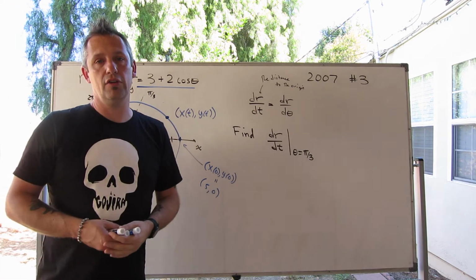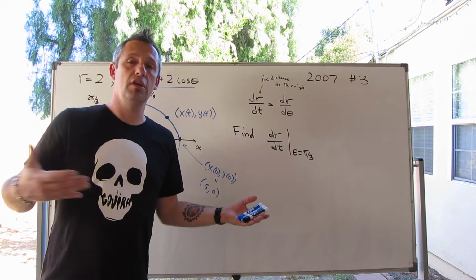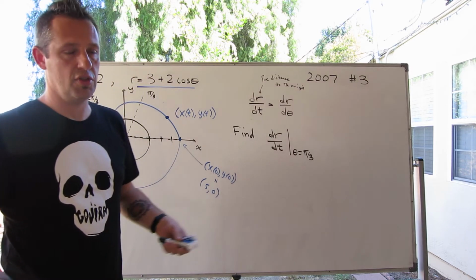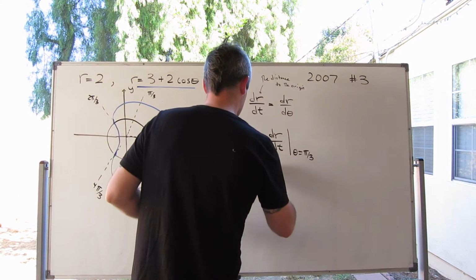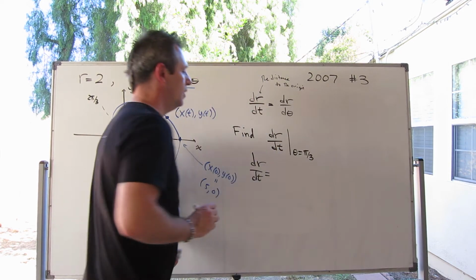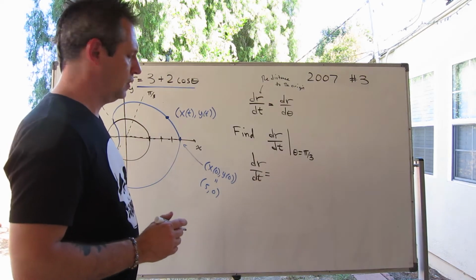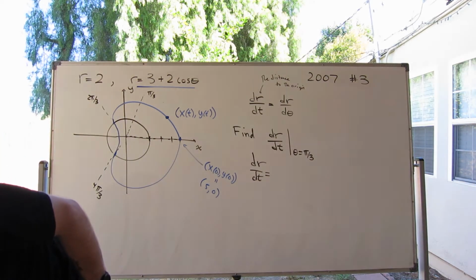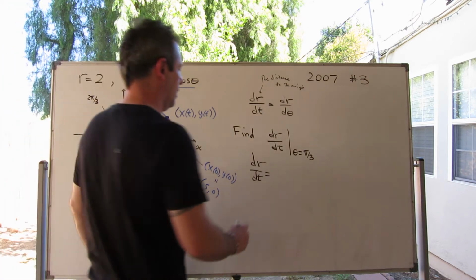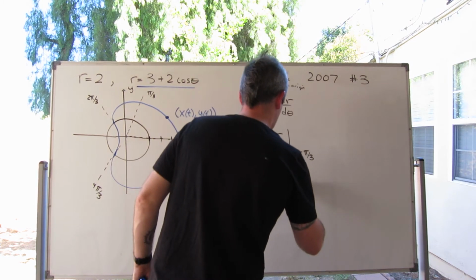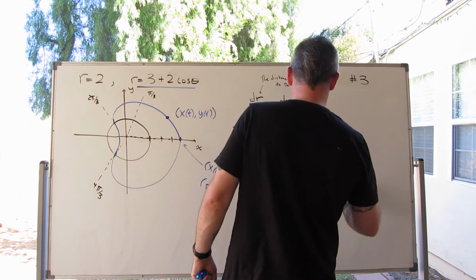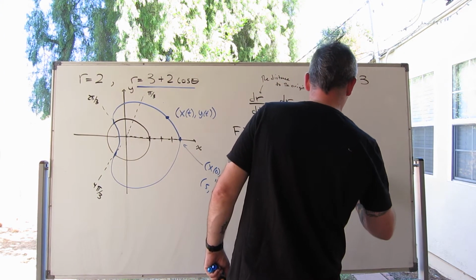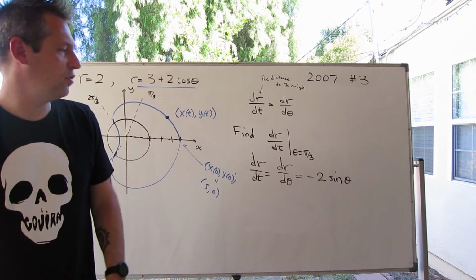I could use my calculator to do this. I believe according to the College Board, they just used their calculator, and you probably should too, but I'm going to really quickly just find it. So dr dt equals dr d theta, which equals, if I take the derivative of this with respect to theta, just -2 sine of theta, which I can now plug pi over 3 into.